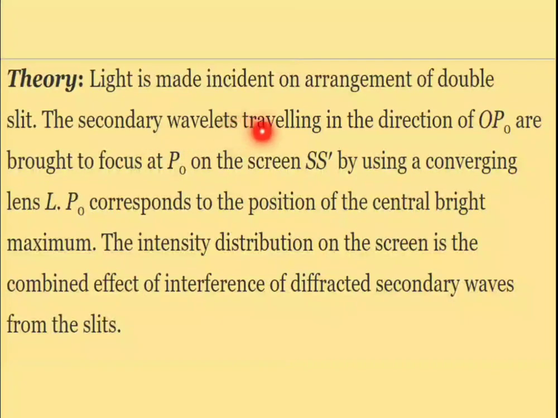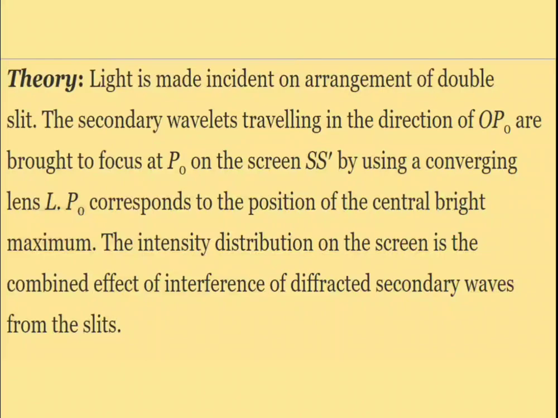The secondary wavelets traveling in the direction of OP0 are brought to focus at P0 on the screen SS dash by using a converging lens L.